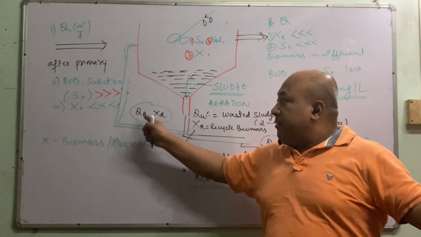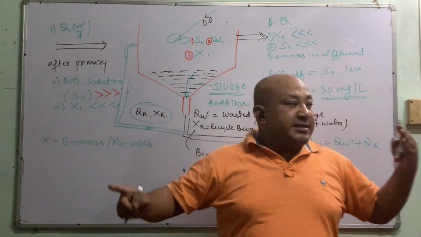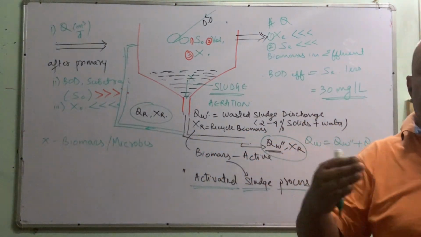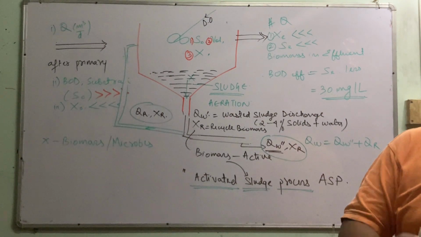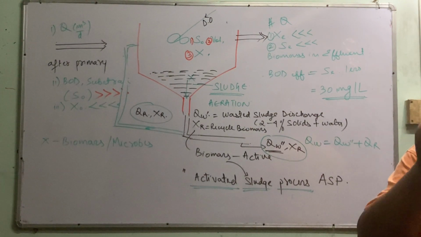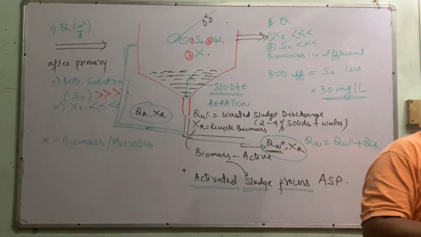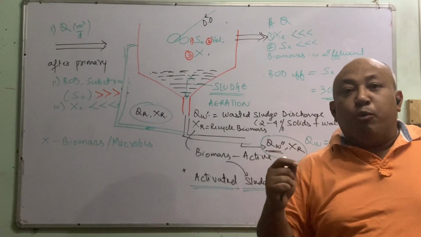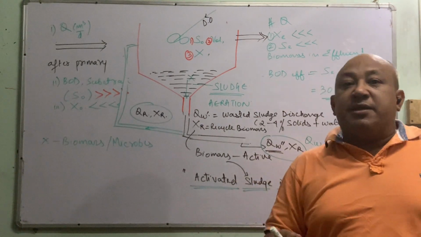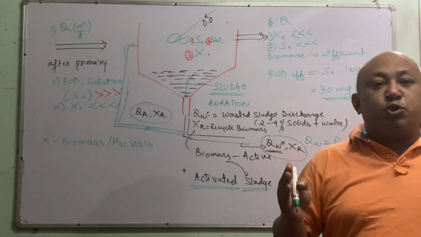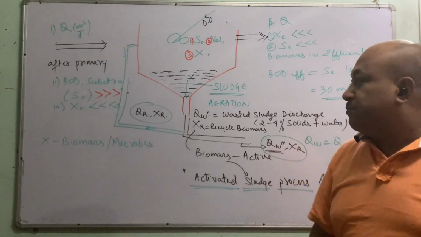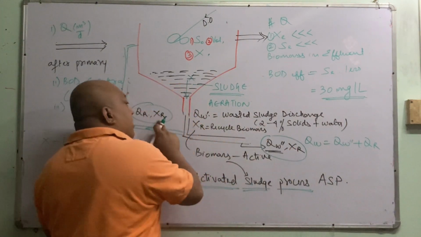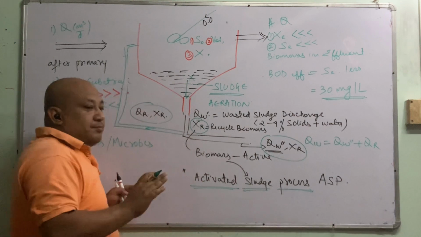So this side is 400 QR, 600 I wasted it. But even though it is split into 40% and 60%, the concentration of the sugar over there will not change. Am I correct? Even though you split the coffee jar into two parts, do you think one part of the coffee will be sweeter than the other? No, because the sugar concentration is same in both the sides. So similarly, the concentration of the biomass XR, XR, XR all are same.